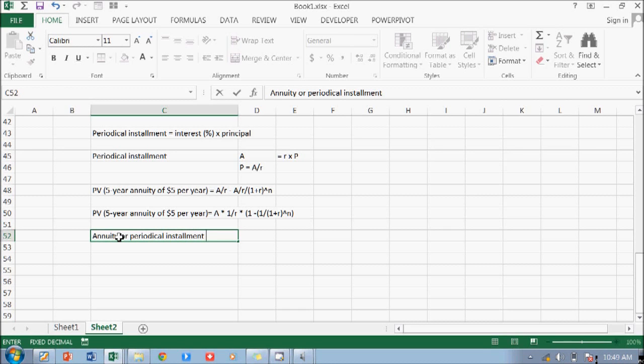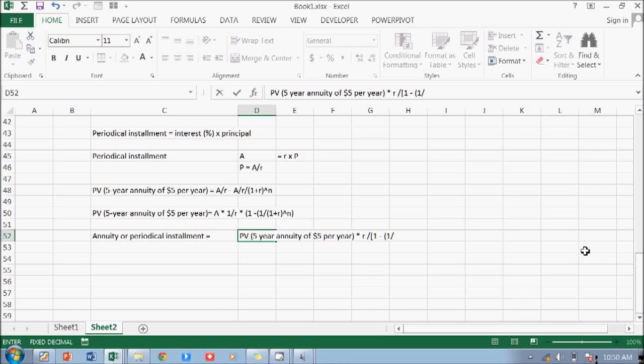That will be equal to your PV, the 5-year annuity of $5 per year, times R, and then you divide it by the whole term: 1 minus 1 divided by 1 plus R, and then the power is N. I don't know whether this is correct or not, but I will test it.